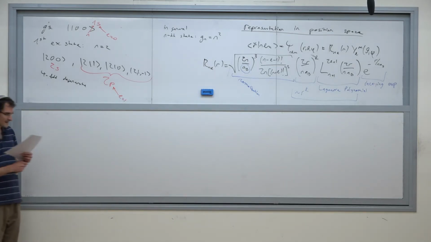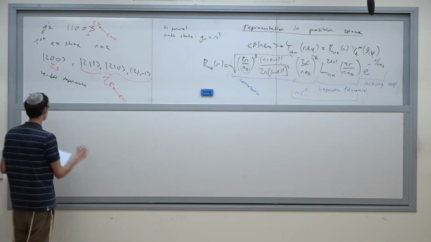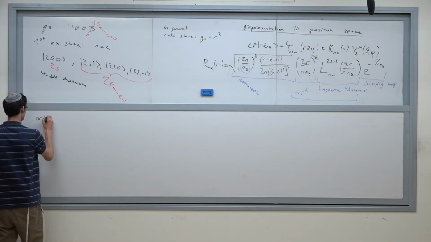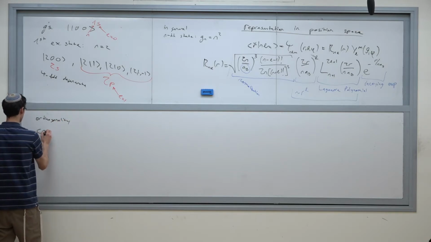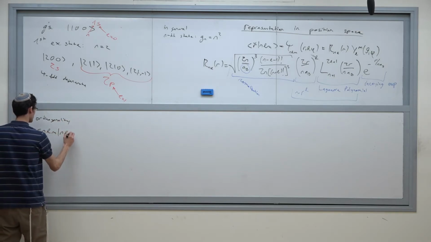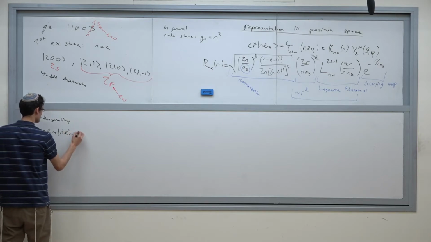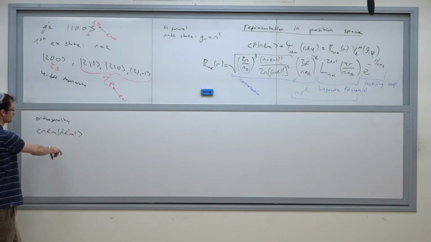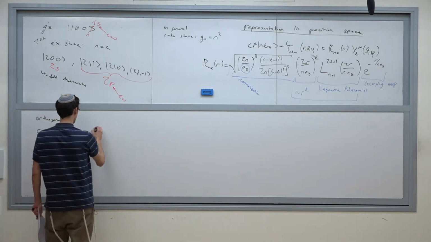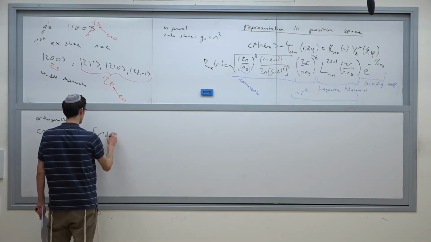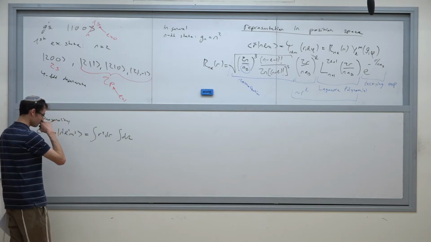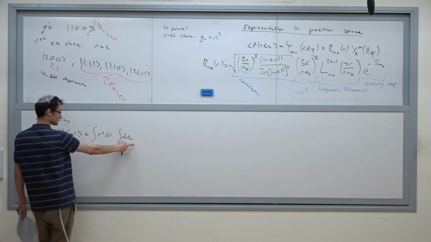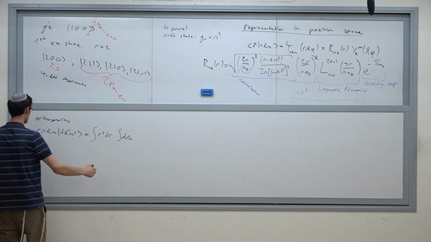Let's look at the orthogonality in position space. So what happens to orthogonality in position space? If I want to take the inner product between 2 different wave functions, I have to integrate over the entire space. So there's an r squared dr, and there's an integral d omega, which is the angular part, sine theta d theta d phi.